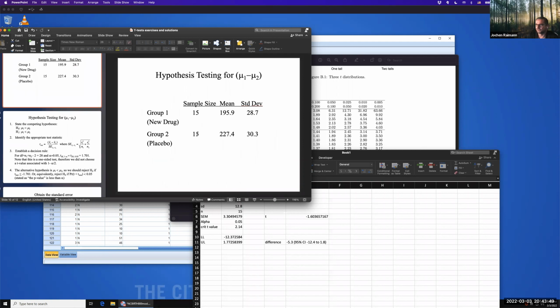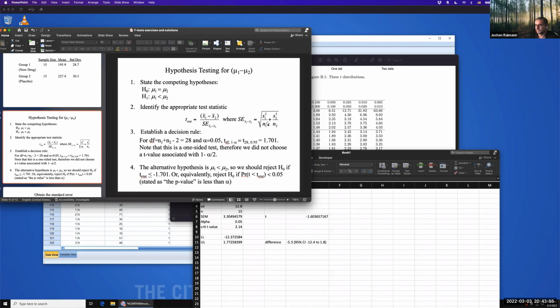We have 15 and 15, so that makes it a little easier, because this number will change if there are different sample sizes, and so you're aliquoting them to the size of each sample population. Here you have different standard deviations for each group.